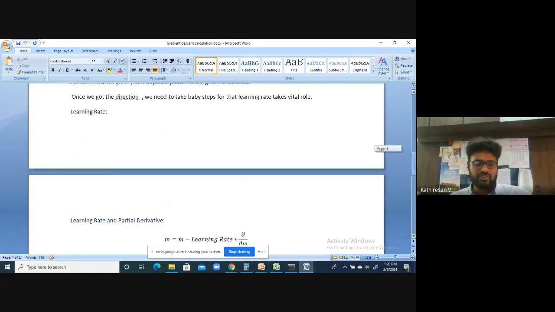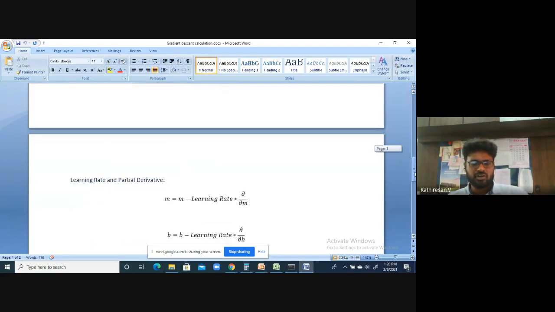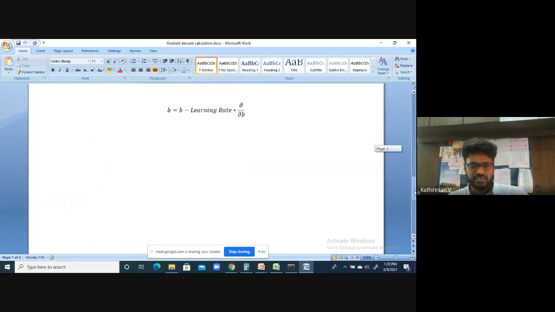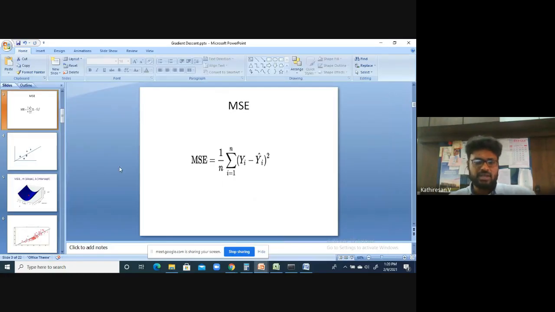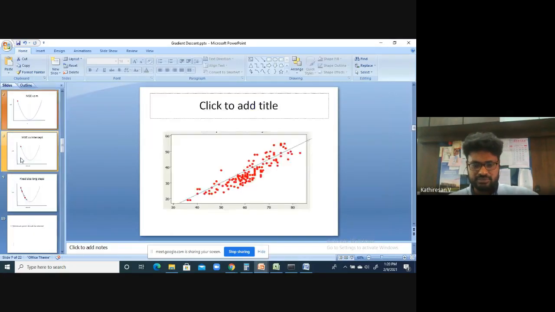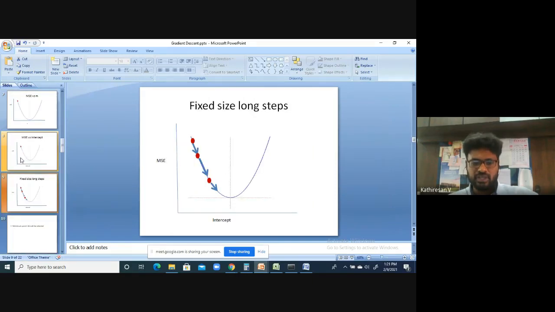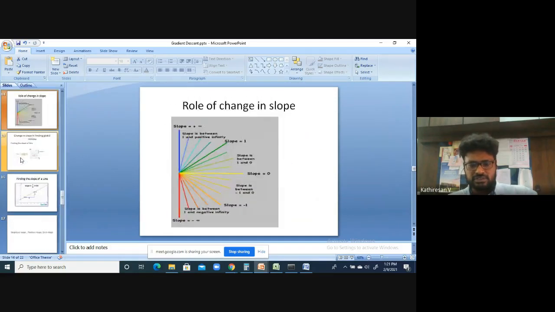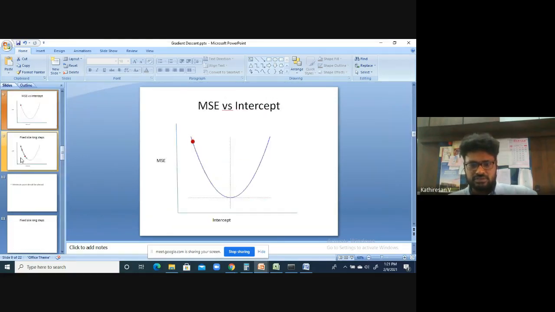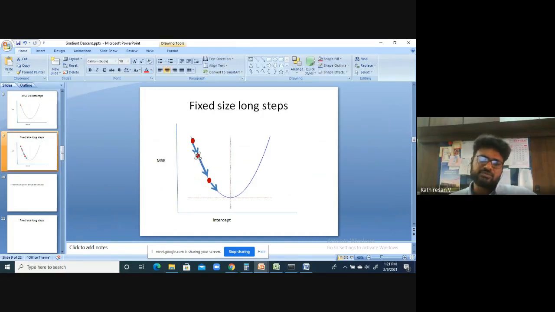So after that, see what we need to find. Here this is the first iteration and this is the second iteration. We have to do it iteration by iteration in order to find the global minima.